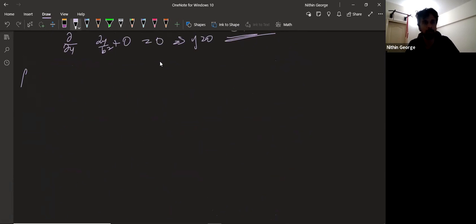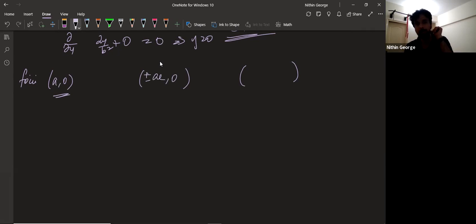What about the foci? For the ellipse, it will be a comma 0. For the parabola, it will be a comma 0. For the hyperbola and ellipse, it will be plus or minus ae comma 0. Okay, guys. Then we have the vertex. Vertex here is 0, comma 0. And here, vertex and the center are the same for the parabola.